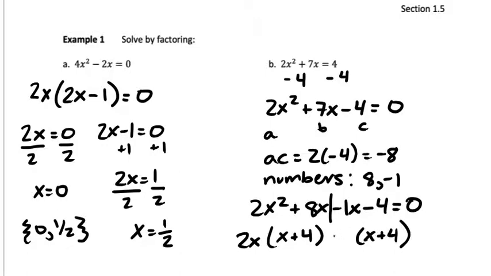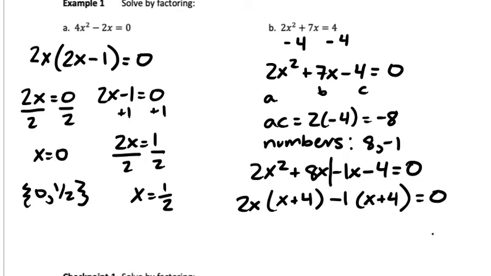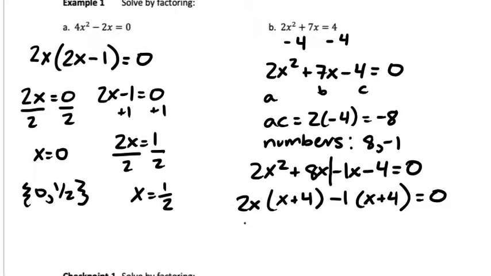So on the outside here, I need a -1 in order to distribute into this and get -1x and -4. Keep my equals 0 there. Need more space. So my 2 factors, one is x plus 4, and the other is 2x minus 1.